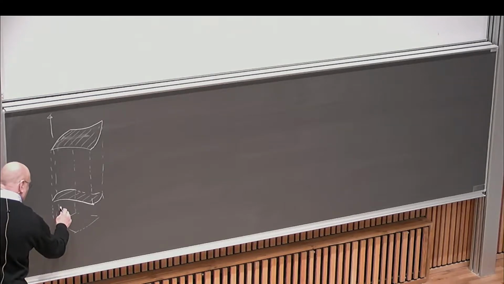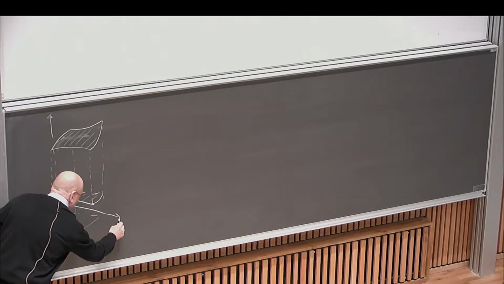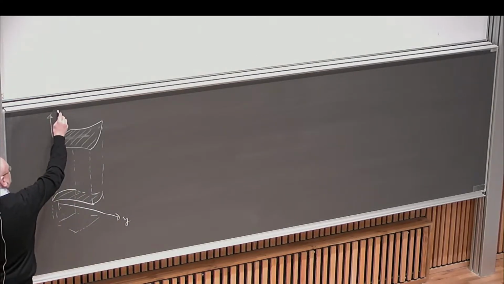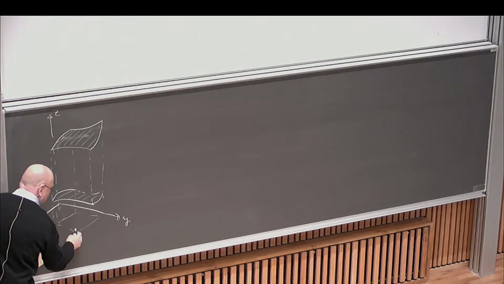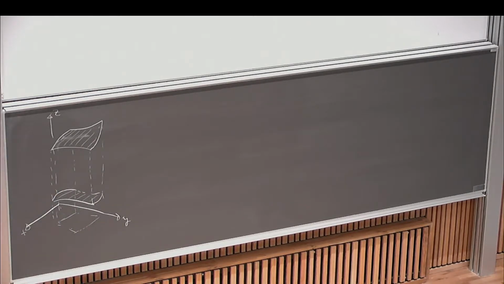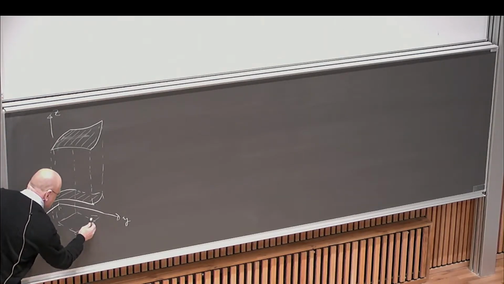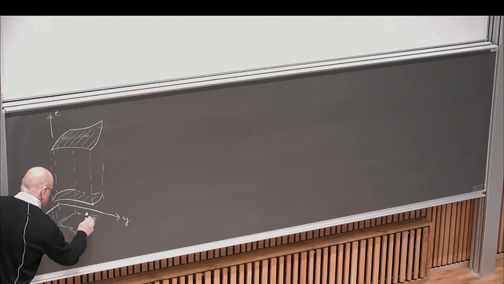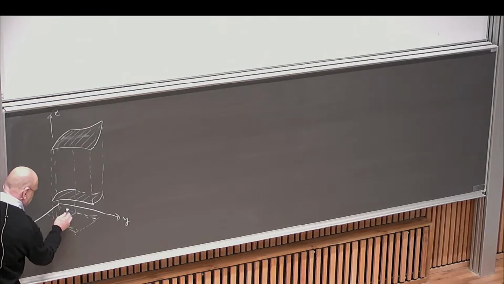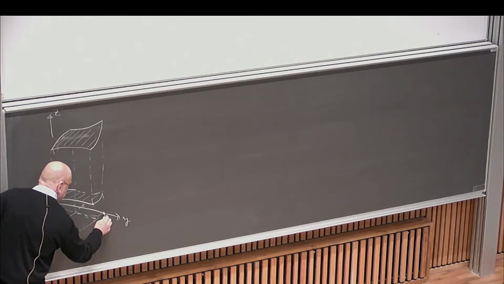So what I have here is my y-axis, the z-axis, and here the x-axis. So in the xy plane, I have a parameter space that should be parallel to these coordinate lines. Here it goes from A to B, and here it goes from C to D.